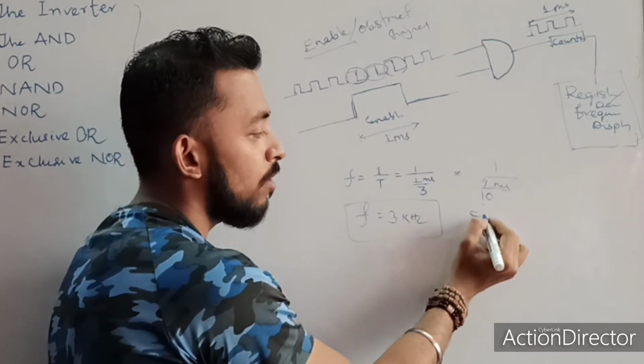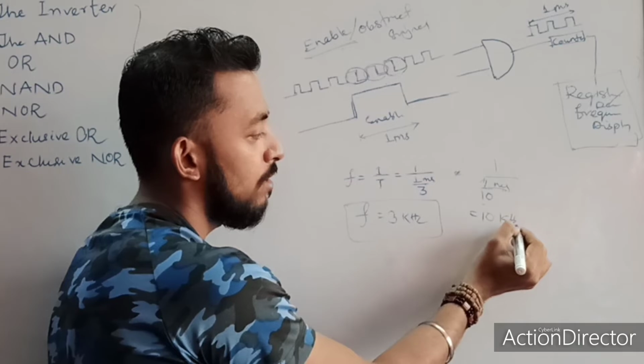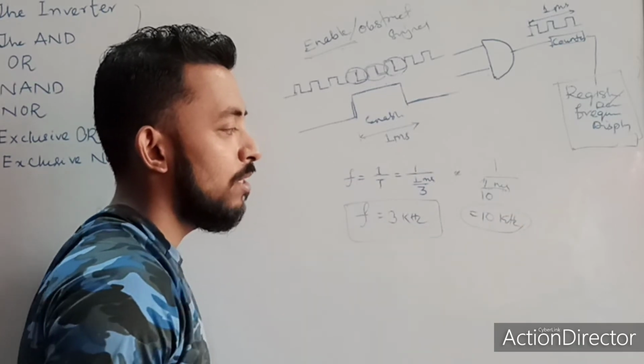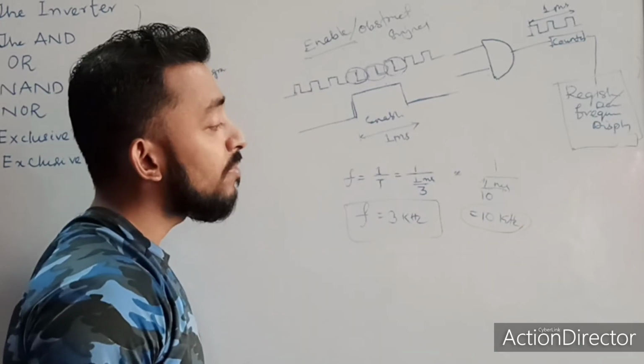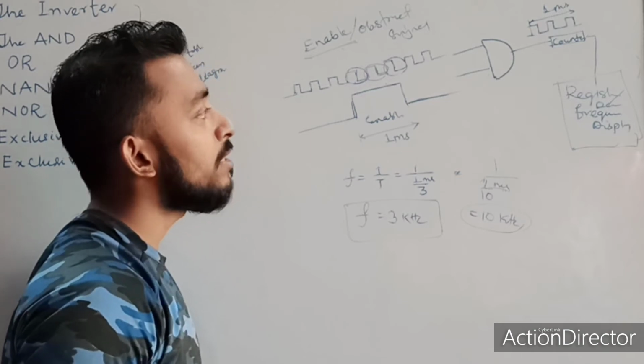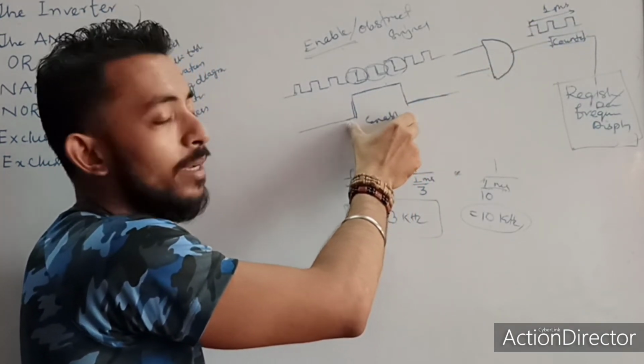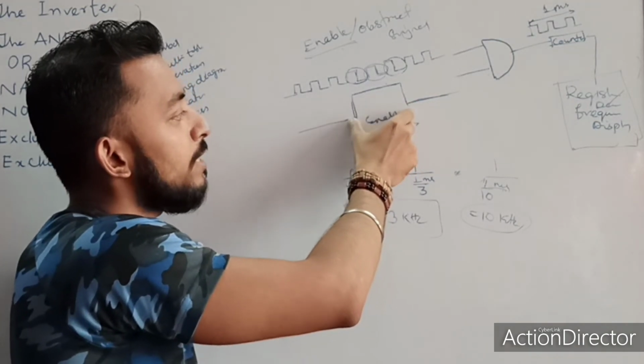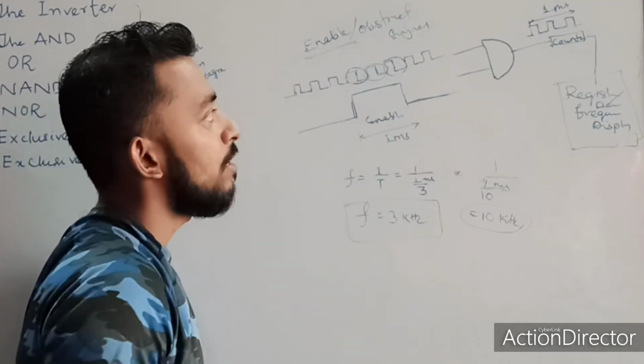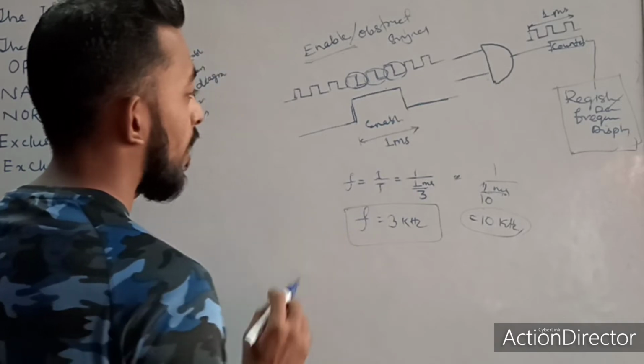So 10 moves to the top, and it becomes 10 kilohertz. So based upon the number of pulses passing at the output, which depends on the interval for which my signal is enabled, only if it is enabled will the signal pass. So this is one application.